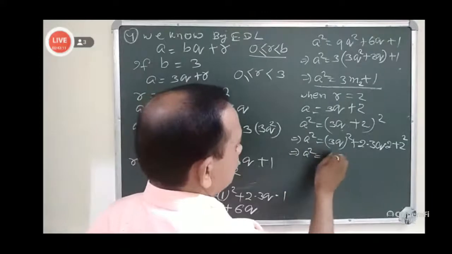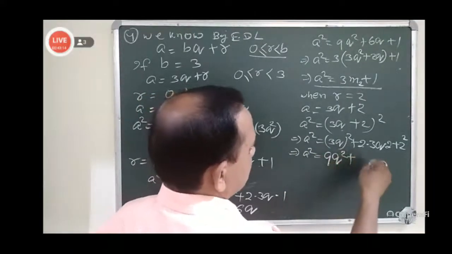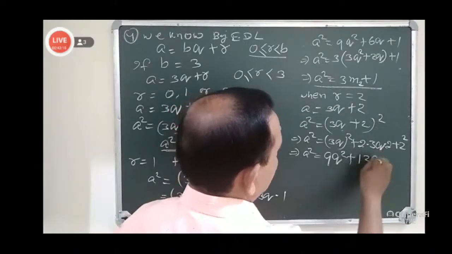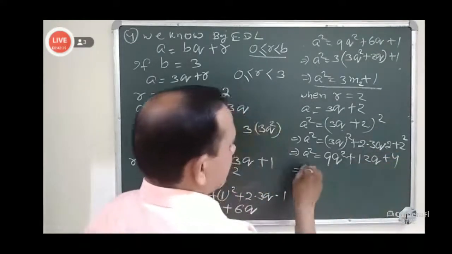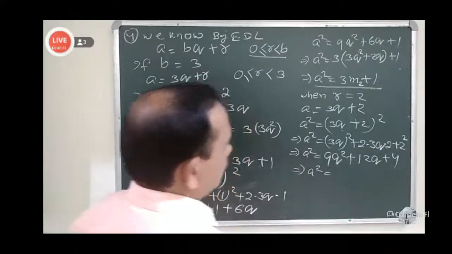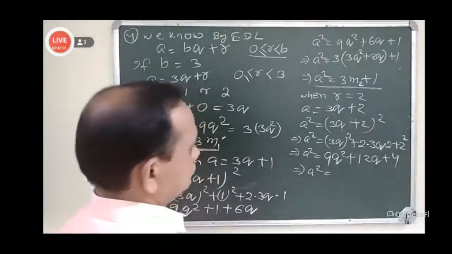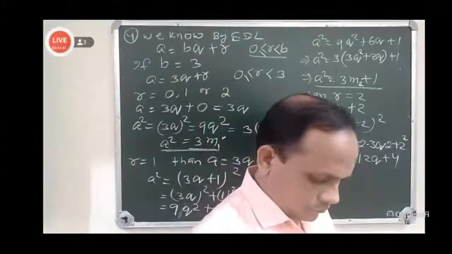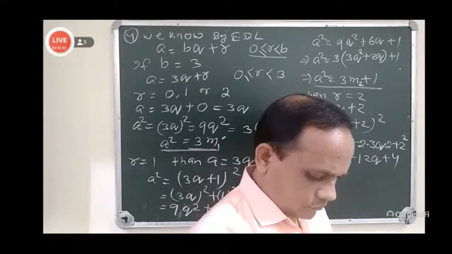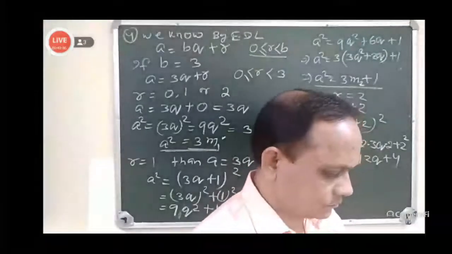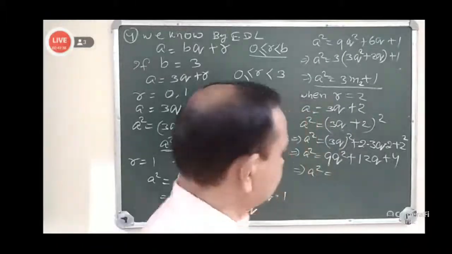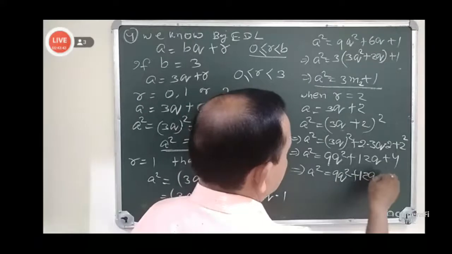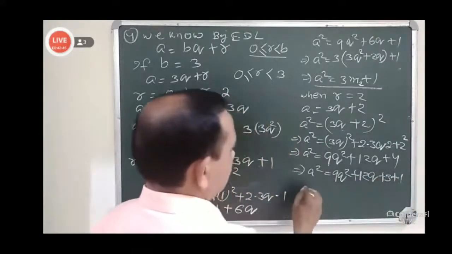This implies a squared equals 9q squared plus 12q plus 4, which is 9q squared plus 12q plus 3 plus 1.